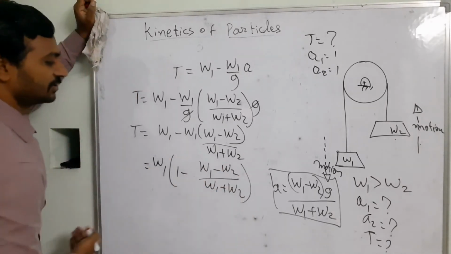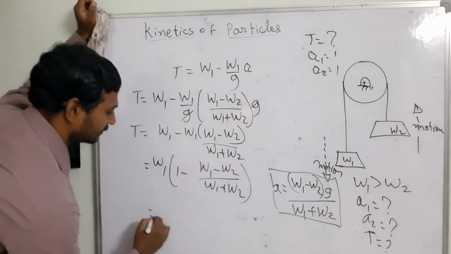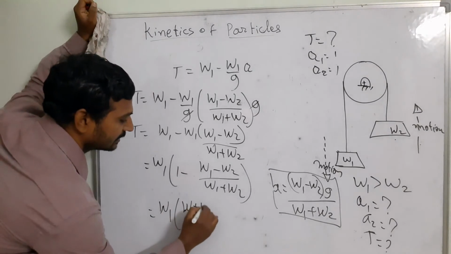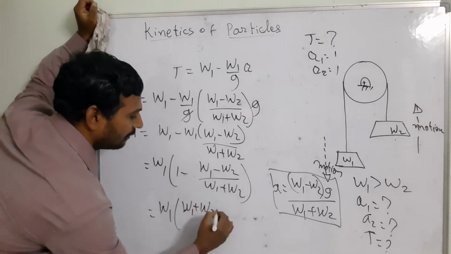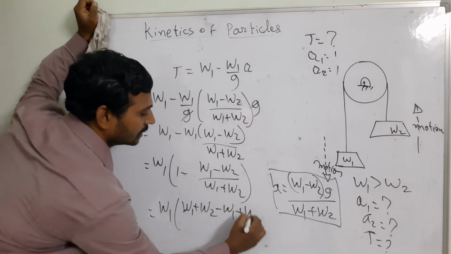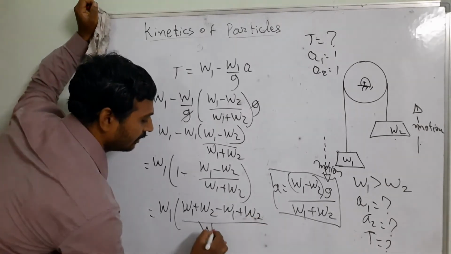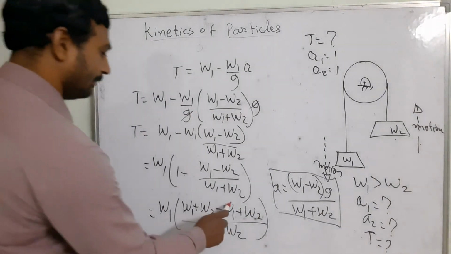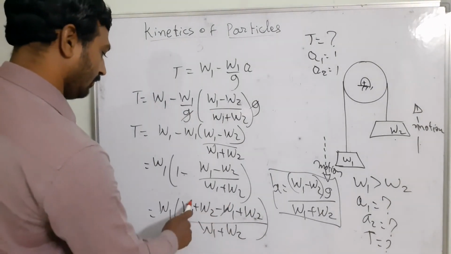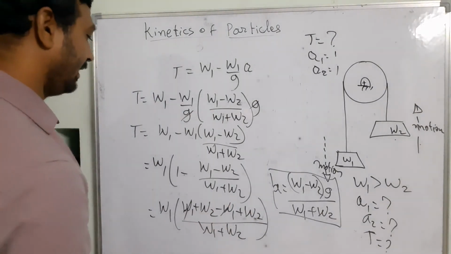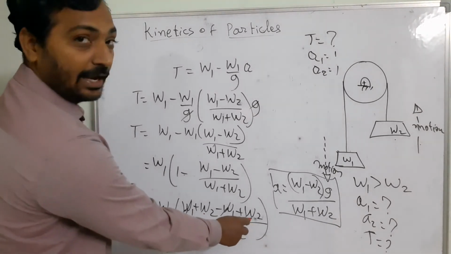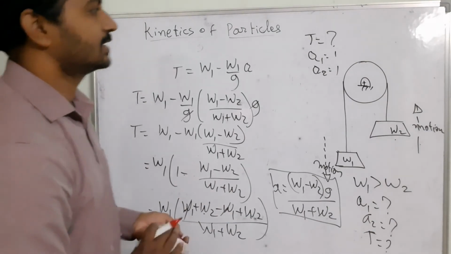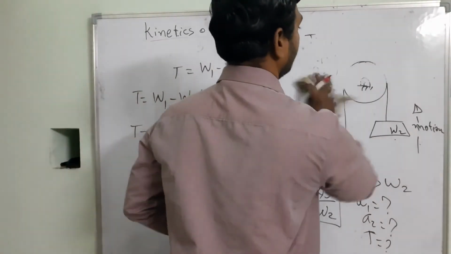And further simplification, I am going to take the LCM. That's going to be W1 into (W1 plus W2) minus W1 into (W1 minus W2), divided by W1 plus W2. In this case, W1 and W1 will be cancelled out, and here we get two W2, multiplying with W1.